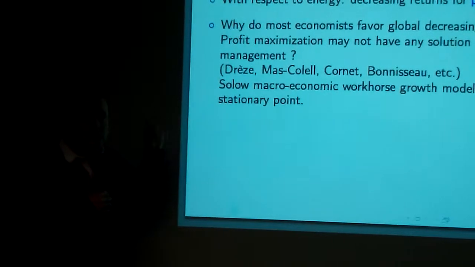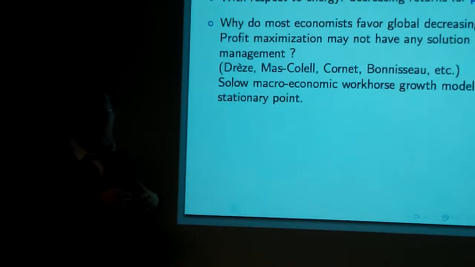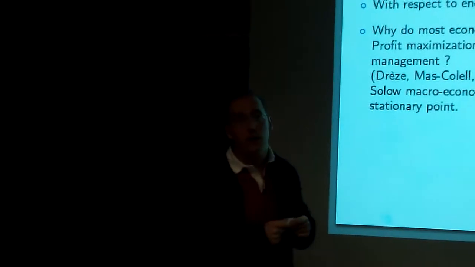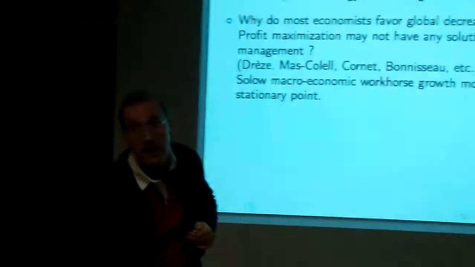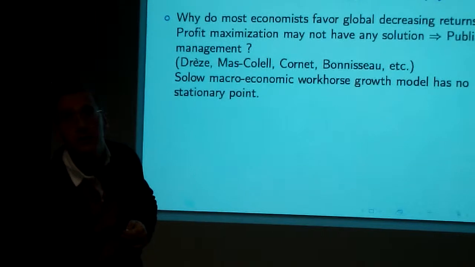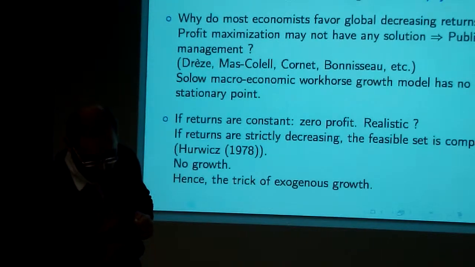So there would not even be an equilibrium in the most standard growth model if you had global increasing returns. So even in the model of Rainer, where you have constant returns to scale, these people have a lot of problems. Well, my guess is that this is why they favor strictly decreasing returns, without having investigated seriously whether this is true. Okay?